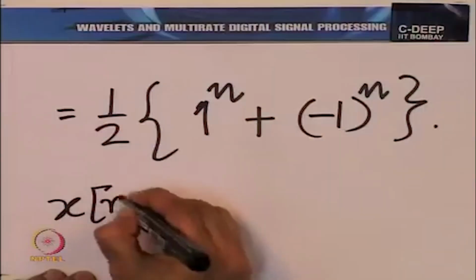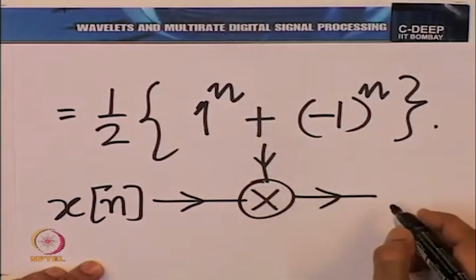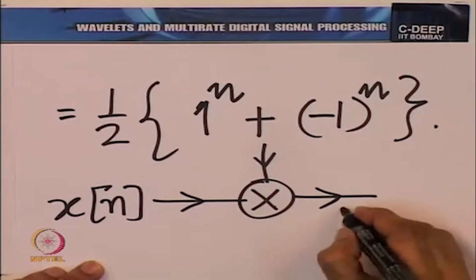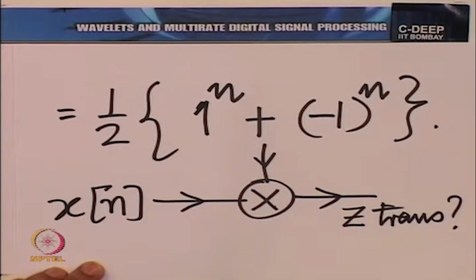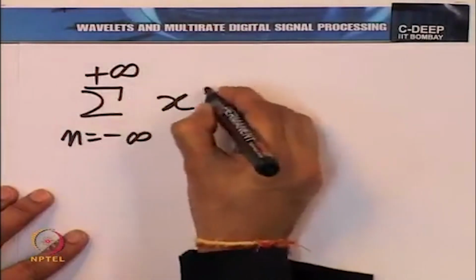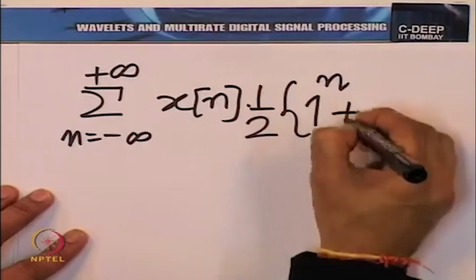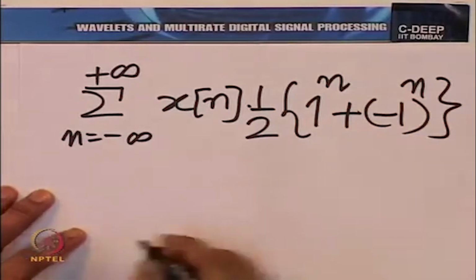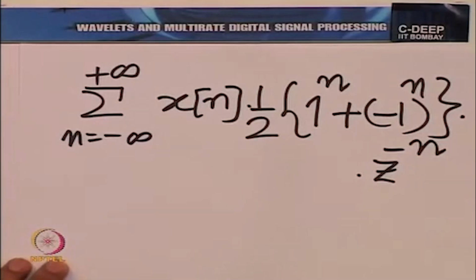Indeed, what we are saying is, if you have x n and you are multiplying this by this sequence and you wish to obtain the z transform here, all that you need to do is to express the following expression: n going from minus to plus infinity, x n into half, 1 raised to the power of n plus minus 1 raised to the power of n, times z raised to the power of minus n in the z domain.